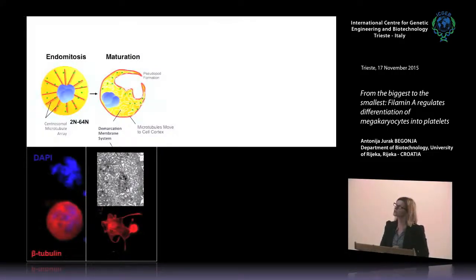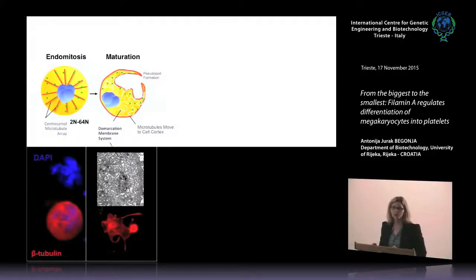What happens first is that it undergoes a process of endomitosis, which means that DNA replicates, and finally what we have is a cell with up to 64 or even 128 copies of DNA. So DNA is replicating, but the cell is not dividing.